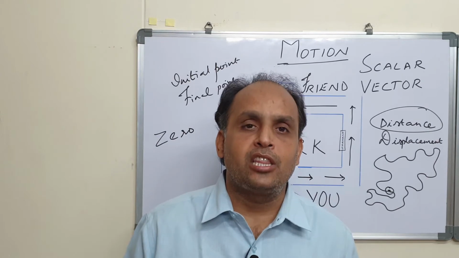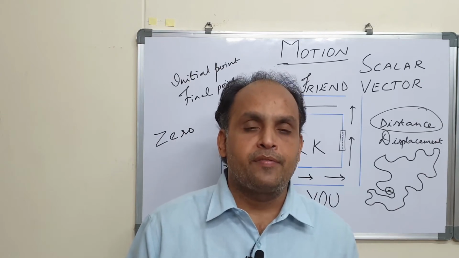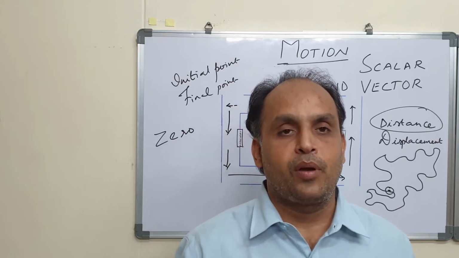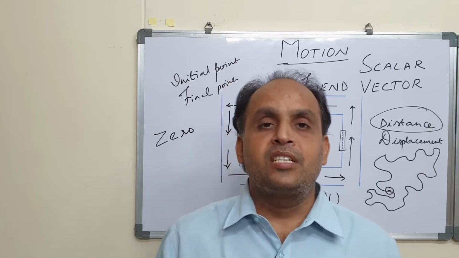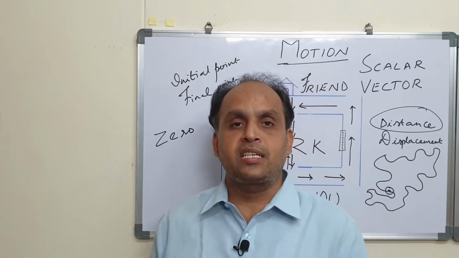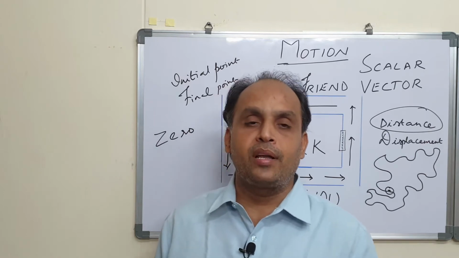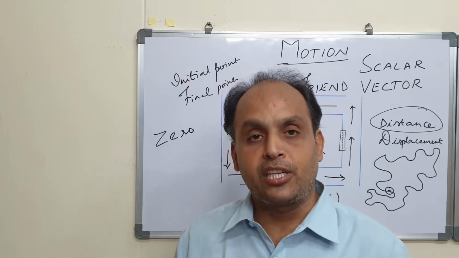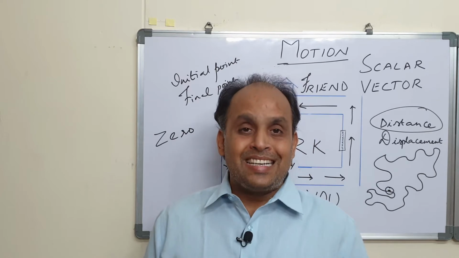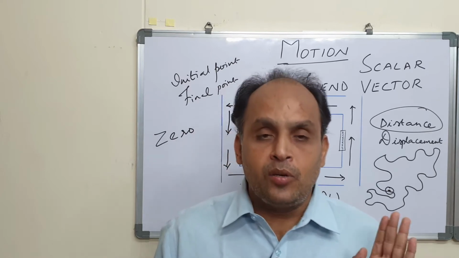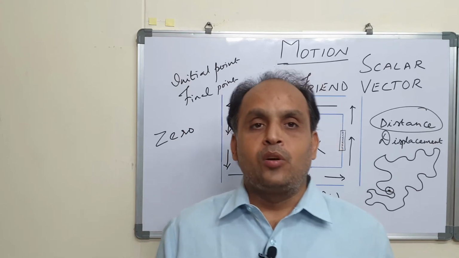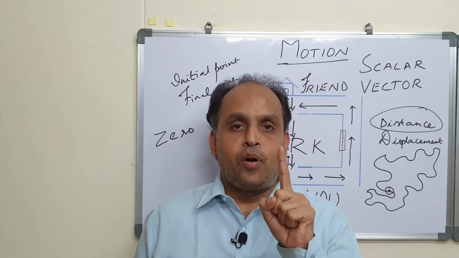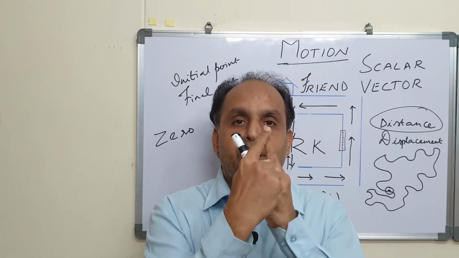Distance is only the length of the path covered by a body from its initial point to the final point during its course of motion, whereas displacement is the shortest distance covered between the initial and final points and in a particular direction. Distance can never be 0, whereas displacement can be 0 if a body starts from one point and returns to the same point.